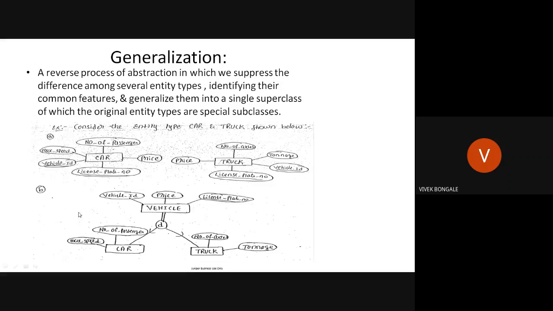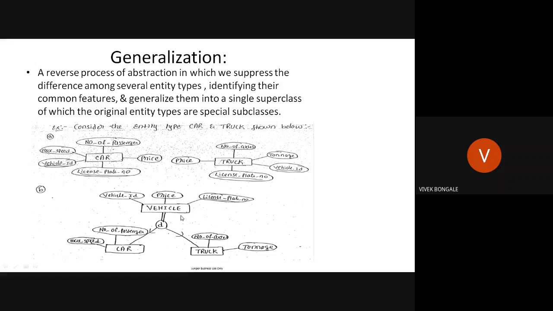Car gets maximum speed and number of passengers. Price, plate number, and vehicle ID are already given to the vehicle entity. When it comes to truck, number of axles and tonnage are added to the truck entity. So we have combined the two subclasses to make one superclass named vehicle.